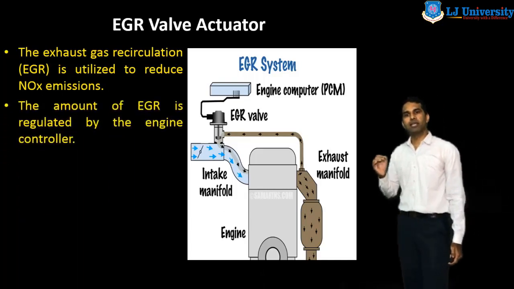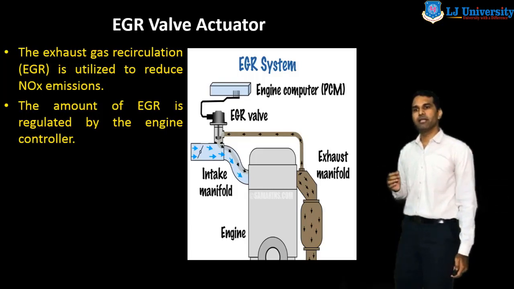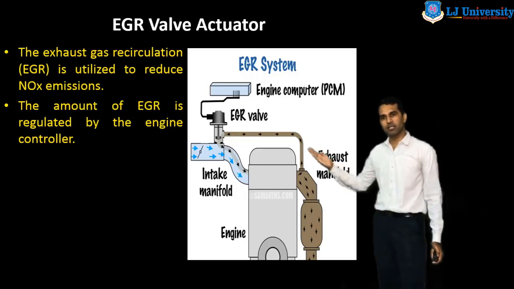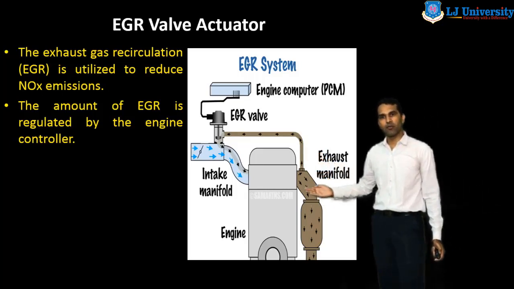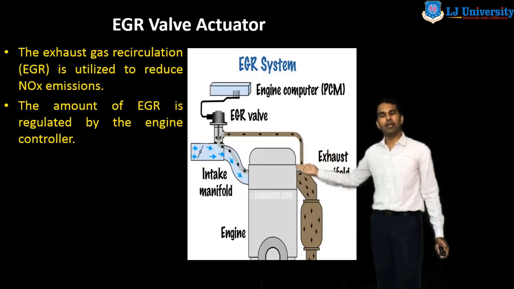The amount of the EGR is regulated by the engine controller, that means the ECU. Here we can see this is the exhaust gas, and some part of this exhaust gas will recirculate and enter the intake.